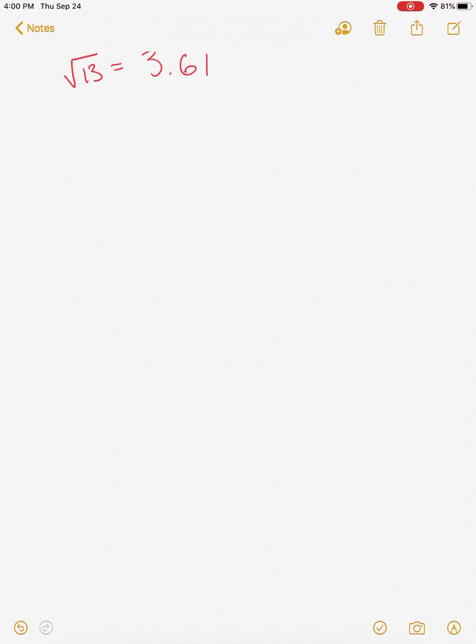And you could say, okay, then the square root of 13 is bigger than 3, but it's less than 4. Or the other way you could go about solving this, if you didn't want to use your calculator, is, well, the calculator is the easiest way to solve it.